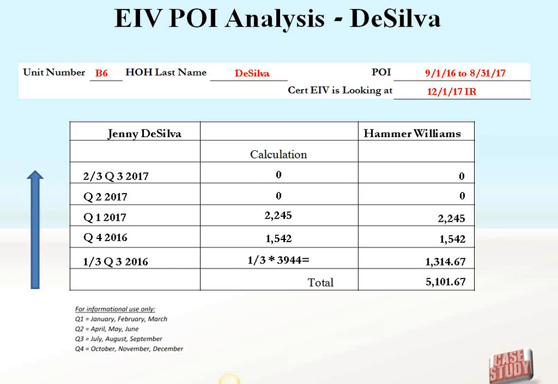Okay? We're done with our first table. Remember, how many income sources did we have in our quarterly range? 4. So we're 1 down, 3 to go. On your bottom table, you're going to repeat this exact same process for your second income source.